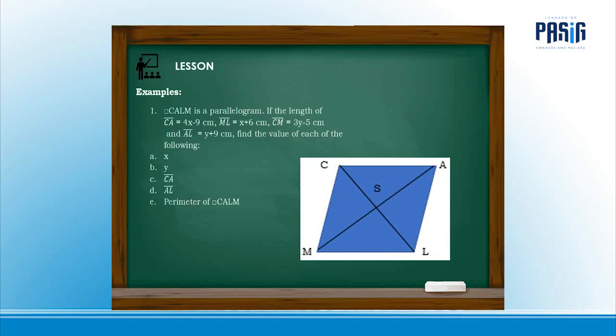A. The value of x. B. The value of y. C. The value of side CA. D. The value of side AL. And finally, the perimeter of parallelogram CALM.